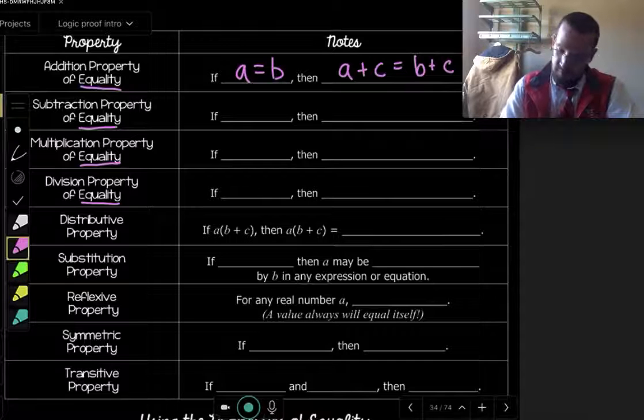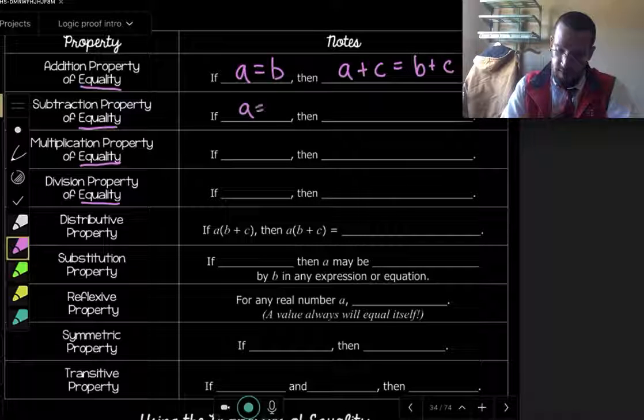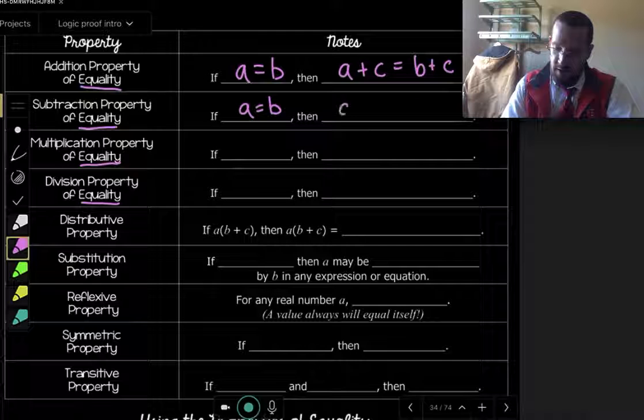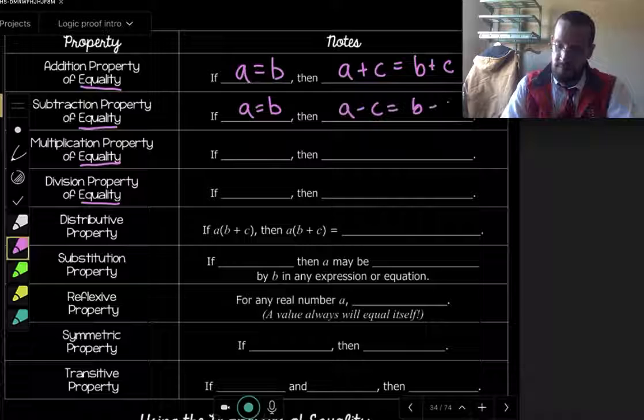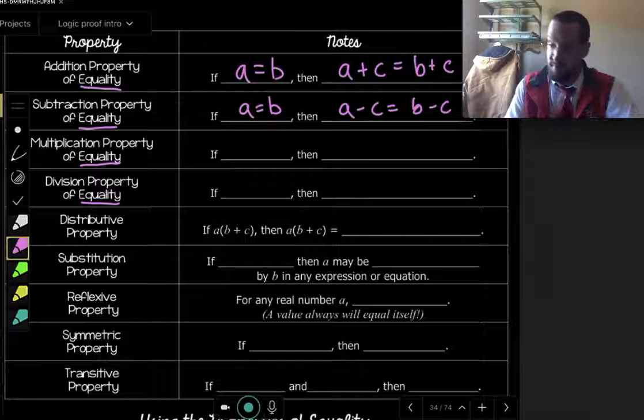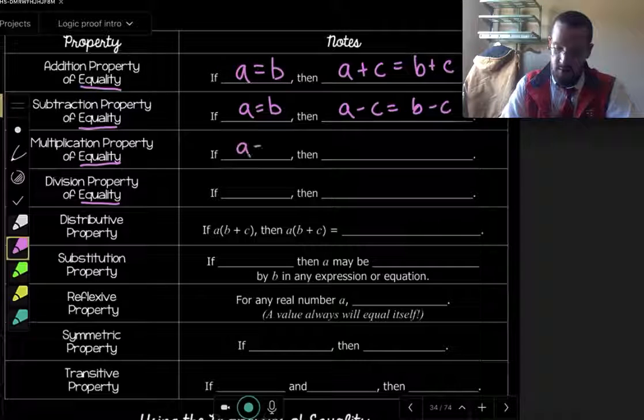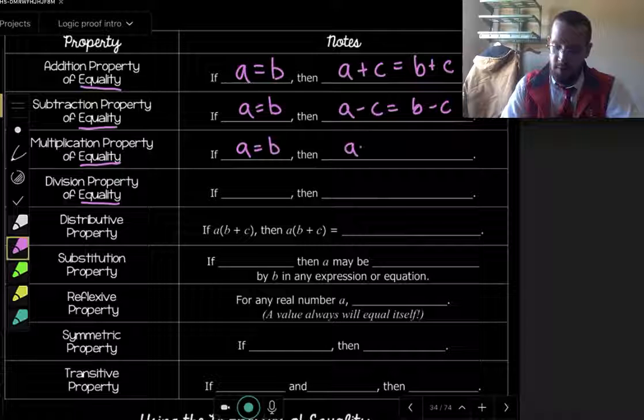What about subtraction? Very similar. If A is equal to B, then we know that, again, we can subtract some number C from both sides as well. Multiplication, again, we know that if the two numbers A and B are the same, then we can multiply some number to both sides, and that will maintain the equality.